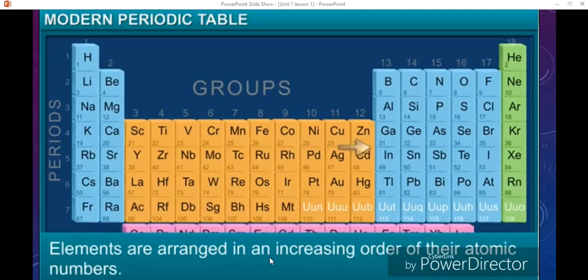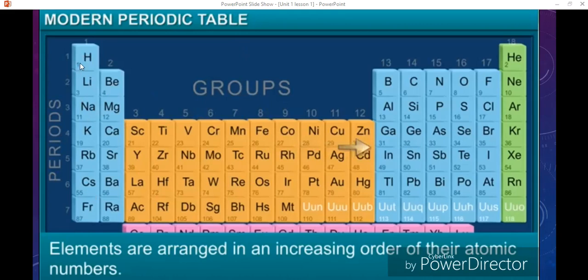Elements are arranged in ascending order of their atomic number. So the modern periodic table contains groups.